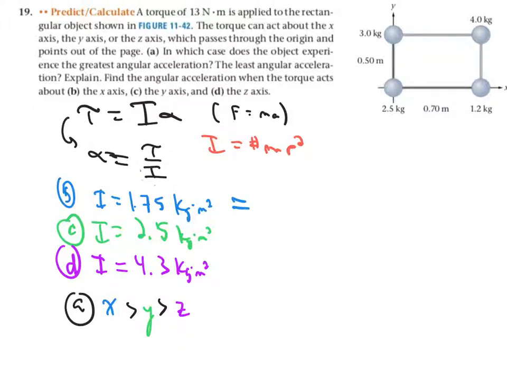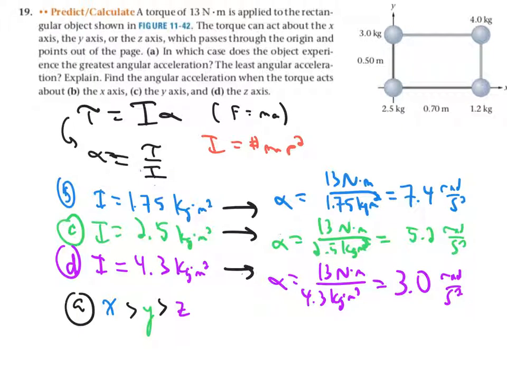So in each case, we take the 13 Newton meters and divide by the moment of inertia that we got in each case, so as to produce the angular accelerations. And we see, as predicted, that x comes out the highest and z comes out the least. Maybe a real quick reality check on the units.